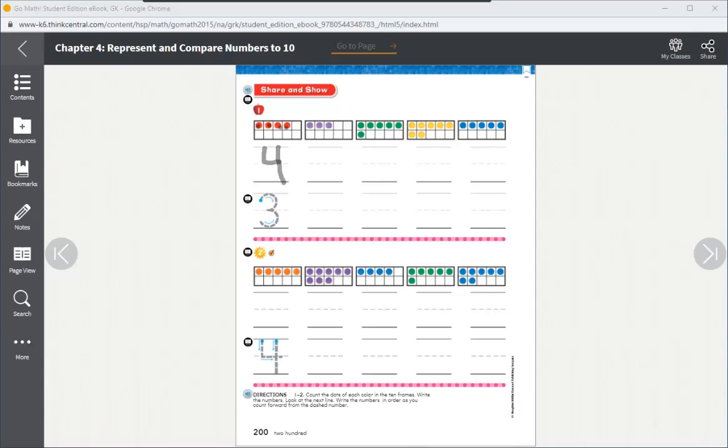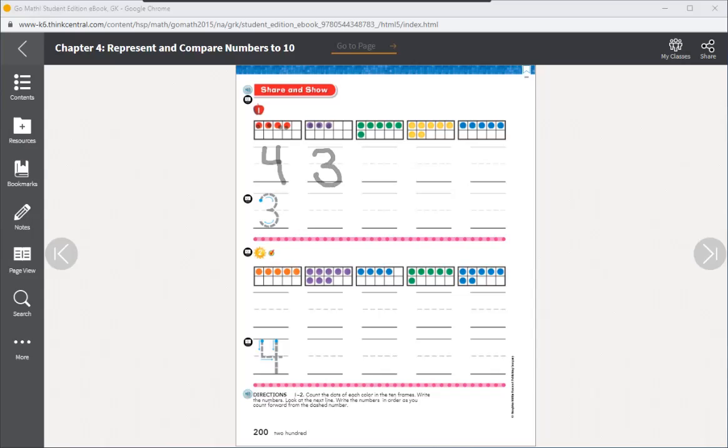Are you ready to help me count, Petra? Perfect. All right, we're going to count the purples. Ready? I'm going to touch them and you're going to count them. Here we go. 1, 2, 3. How many? There are 3 counters in this 10 frame.